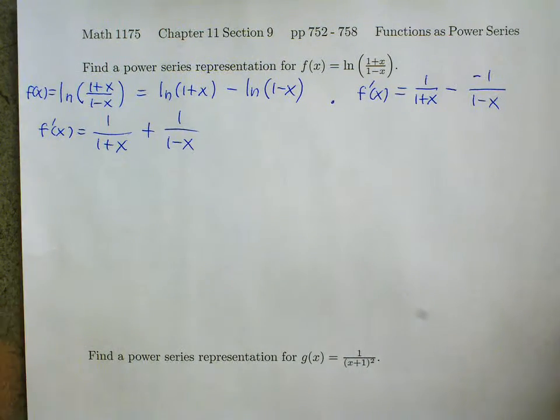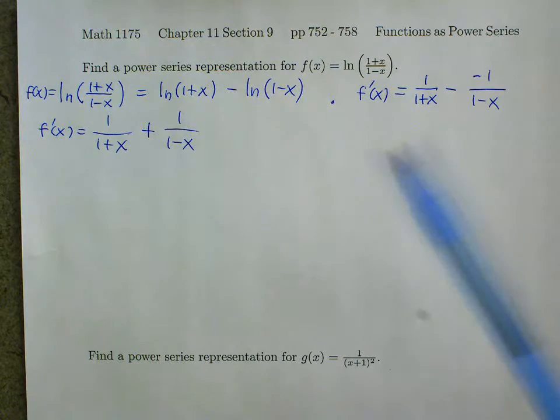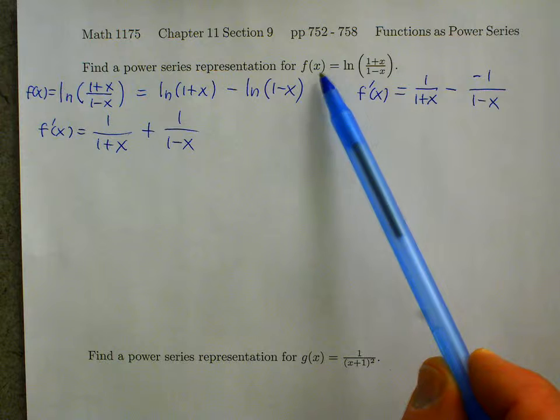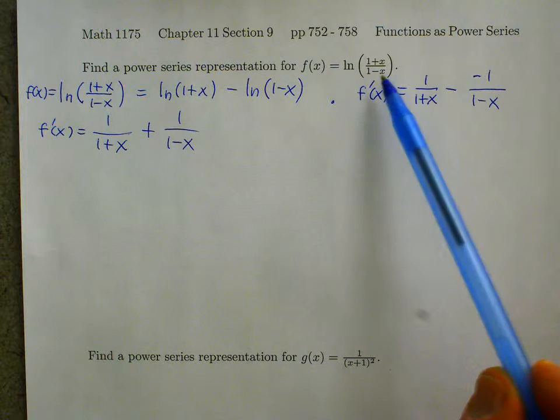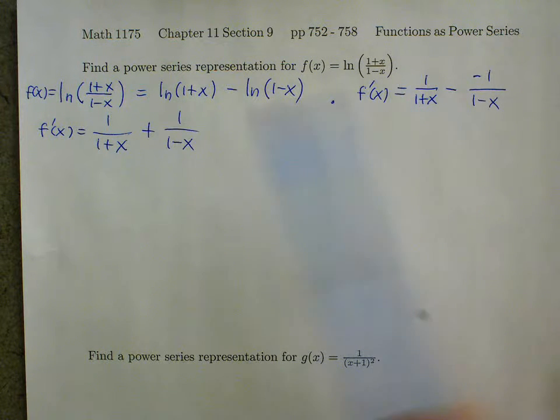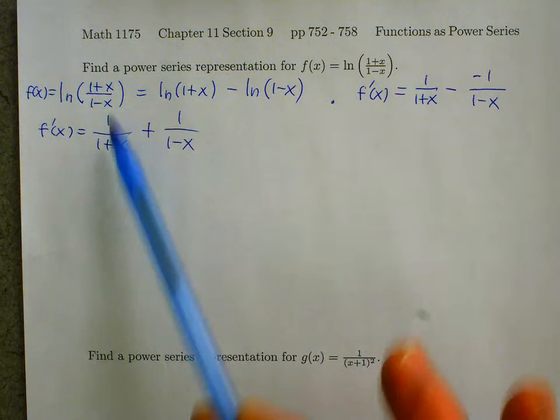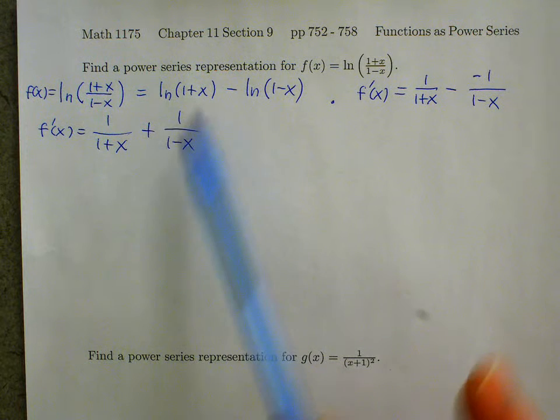Okay, so what are we going to do? We want to find a power series representation for the natural log of 1 plus x over 1 minus x. We computed its derivative and found that the derivative is 1 over 1 plus x plus 1 over 1 minus x.